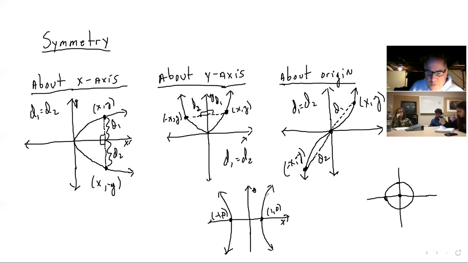And then I can pick a point here, go through the origin, and find a mirrored image point. So that would be another graph that would have all three types of symmetry. One more.